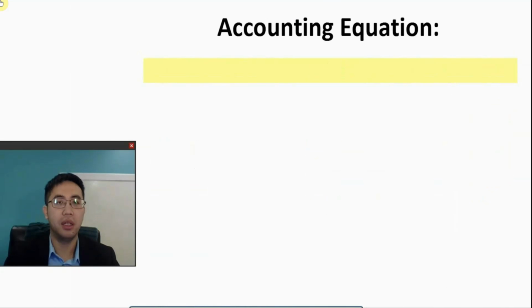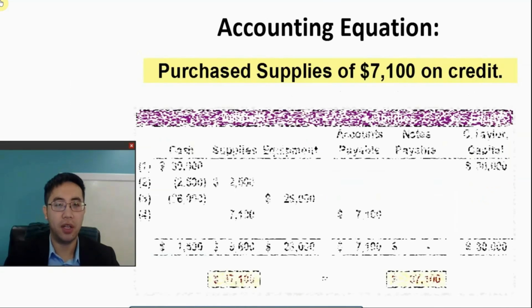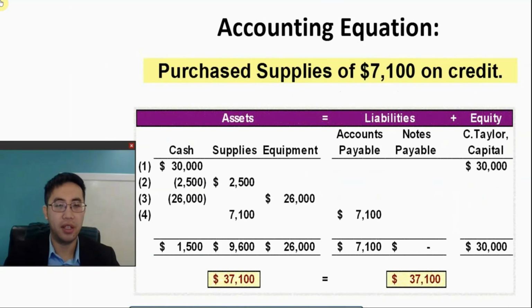So on the equation, on the financial statements, you will see that supplies further increased by 3,100, and it now reaches 5,600. 25 plus 31 is 56. And then on the liability side, this 3,100 is from accounts payable, which you will settle the bill in the future, and that's not part of the owner's equity.